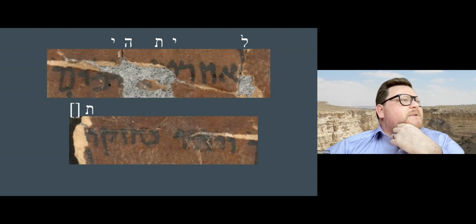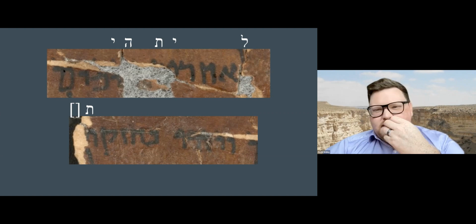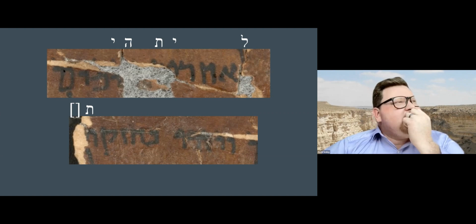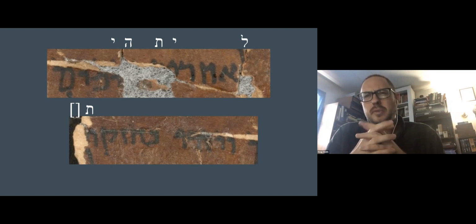And this is probably one of the mems. You could see the little part right here and the little part going up here. And this is probably a yod as well. See how small it is? And another final mem. Hayomim, days.